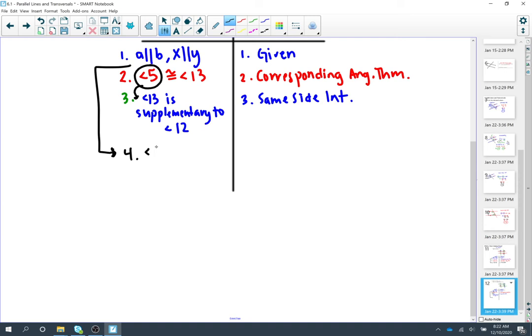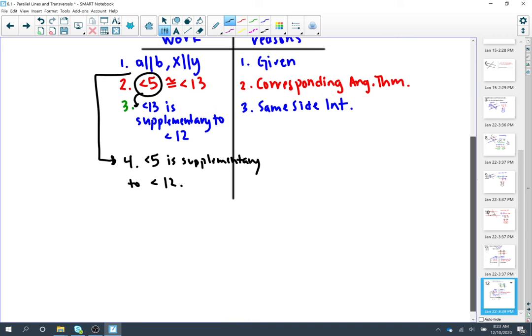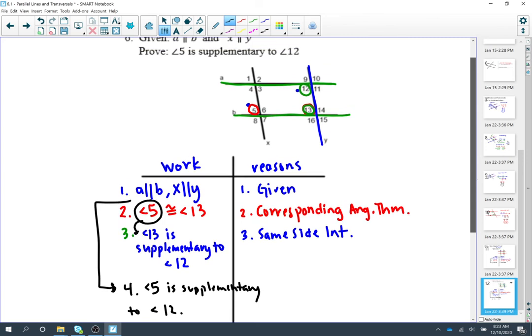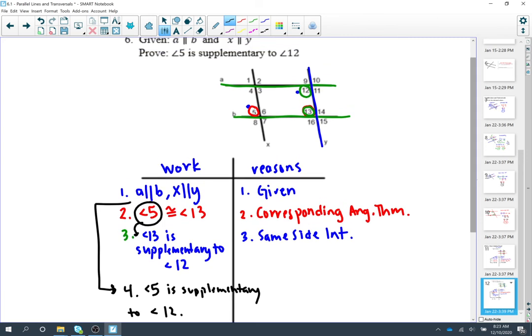So I'm going to say angle 5, right there, is supplementary to angle 12. And if I go check, that is what we're trying to prove. So angle 5 is supplementary to angle 12.